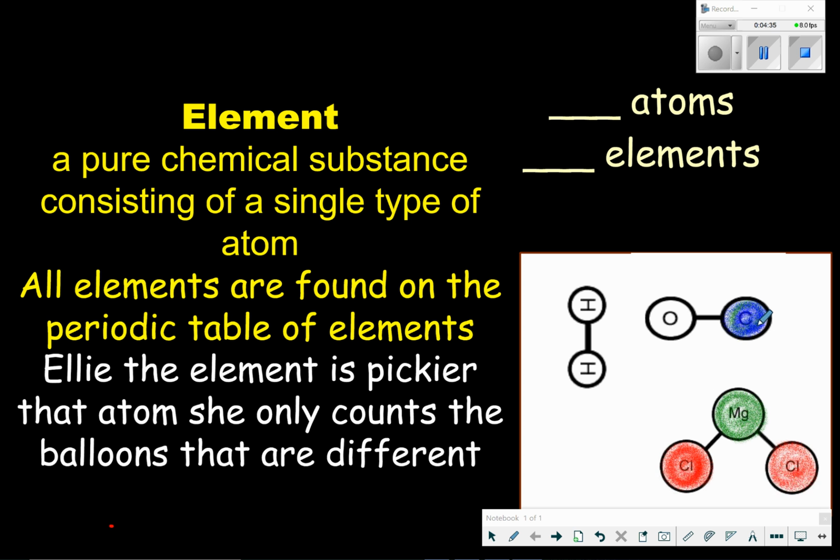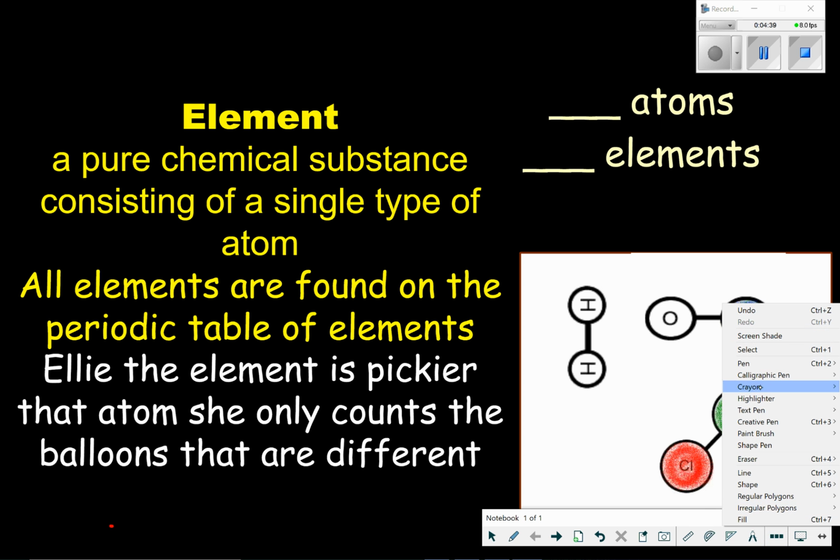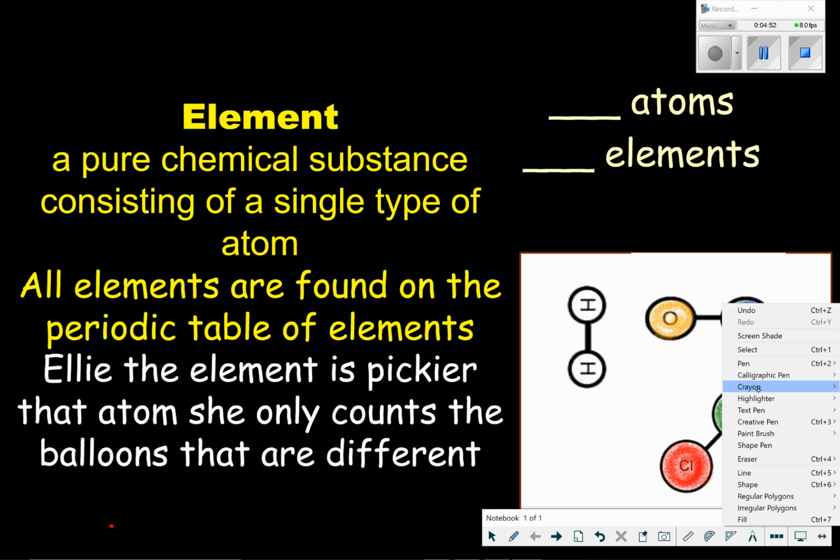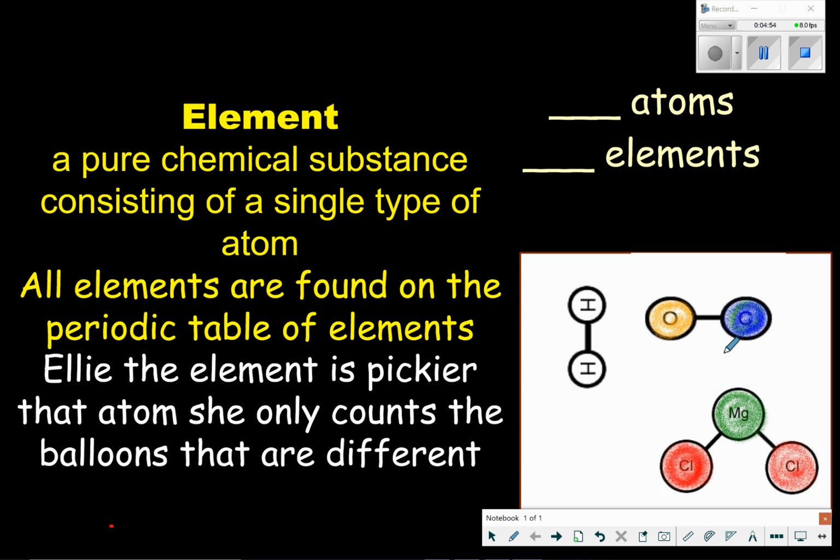Okay, there it's blue. And then we're going to change oxygen. We're going to make it yellow. I guess that's orange. And then hydrogen, we're going to make black.